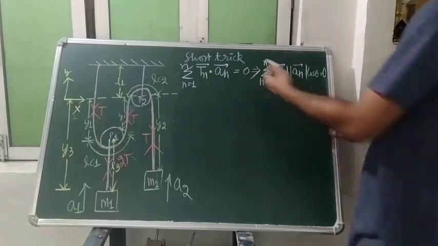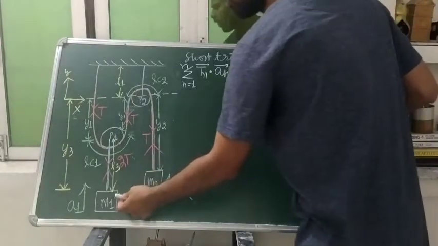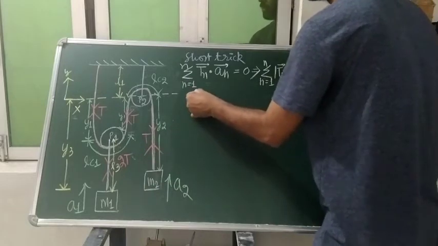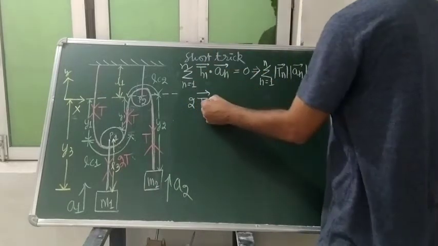So when we apply the short trick here, for block 1 the tension is 2T.